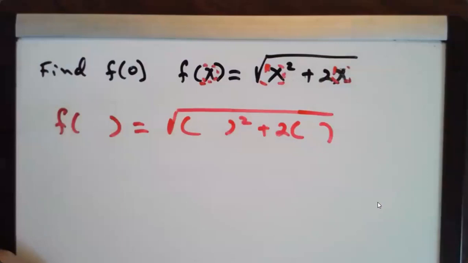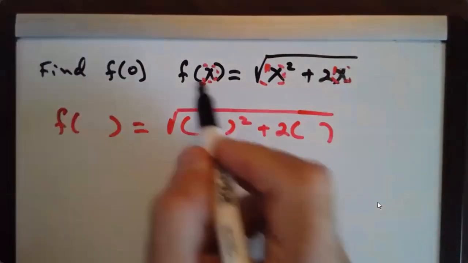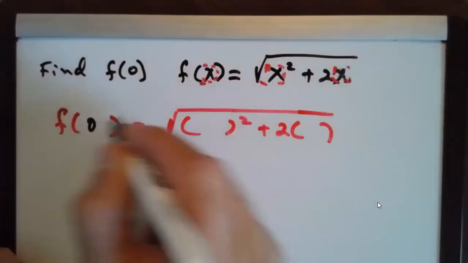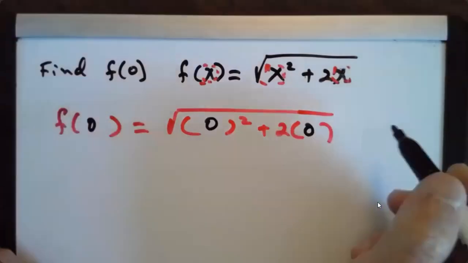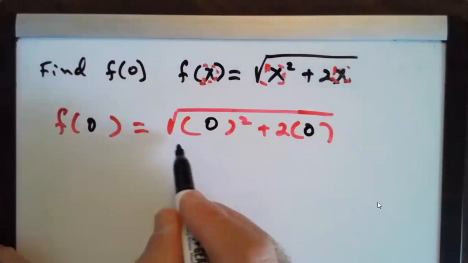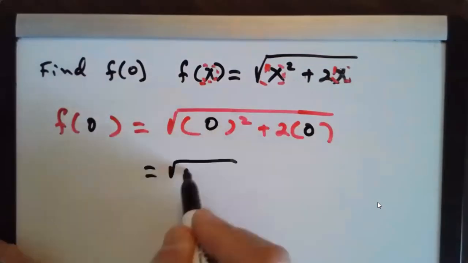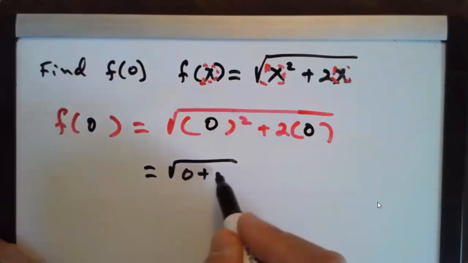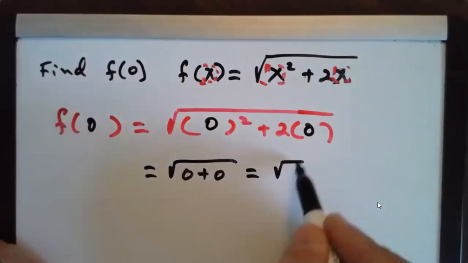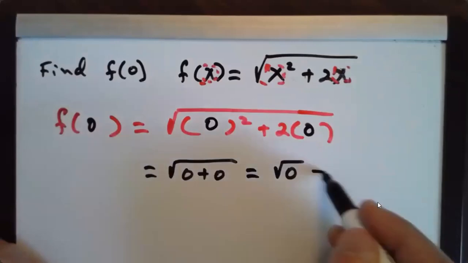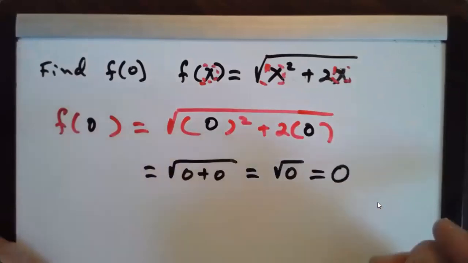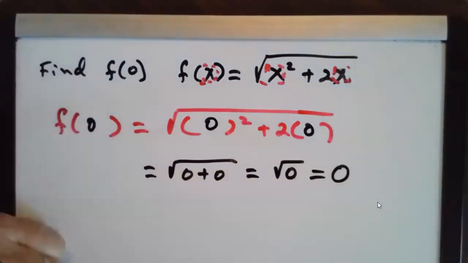Wherever x was, we put 0. Okay, so this is 0 squared. Well, 0 times 0 is still 0, right? And then 2 times 0, that's 0. So 0 plus 0 is 0, and the square root of 0 is 0. Okay, and that's all there is to that question.